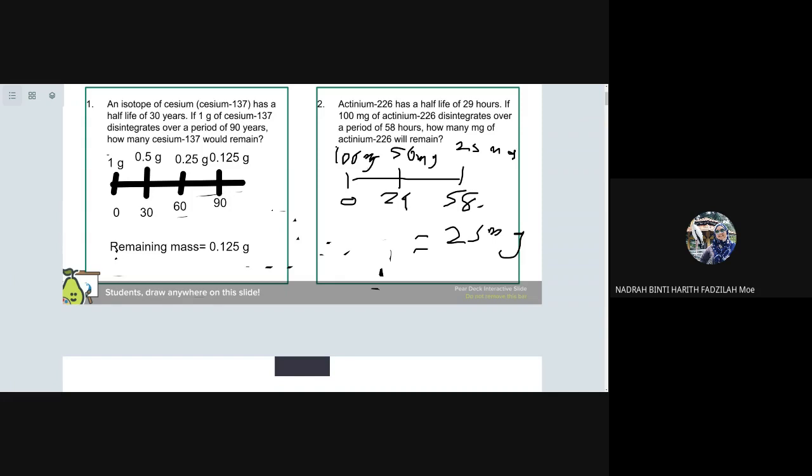Okay. Kita maintain the same unit ya Irsyad. Lepas tu Irsyad yang soalan kedua tu half-life ada 2. Half-life 1 29, tambah lagi 1 half-life baru sampai 58 jam. Jadi sebenarnya lepas 58 jam berapa? Yang Irsyad bagi tu baru lepas 29 jam.